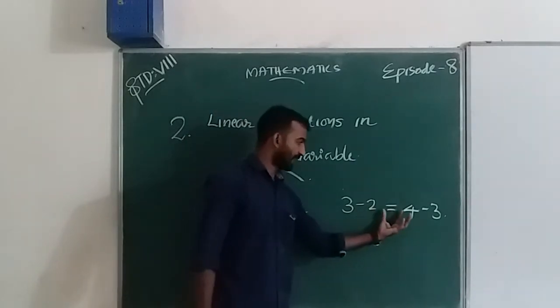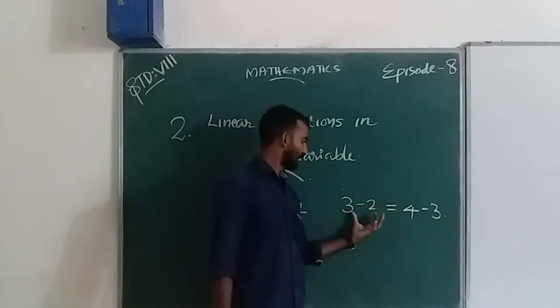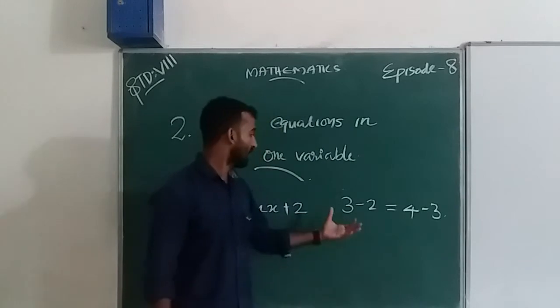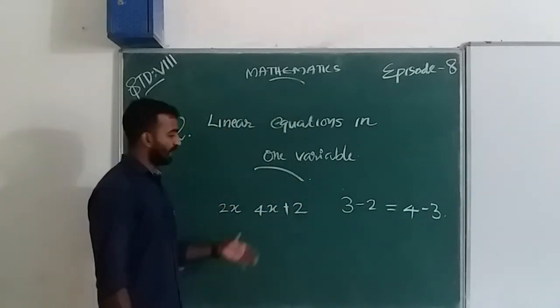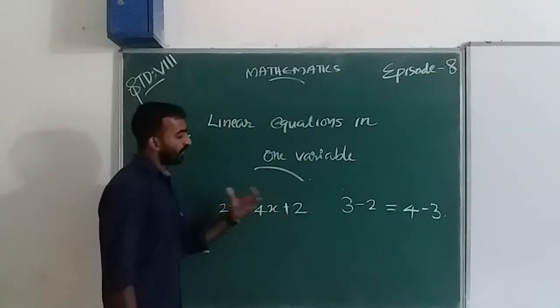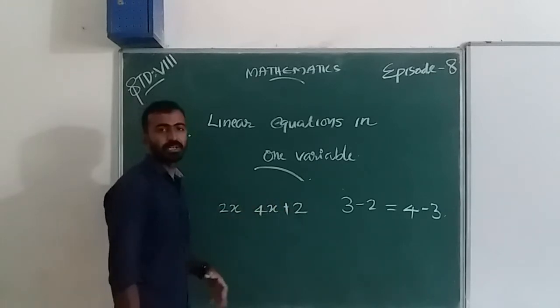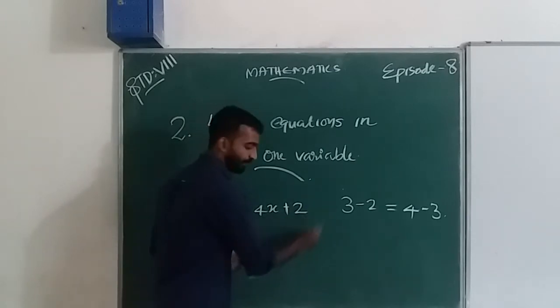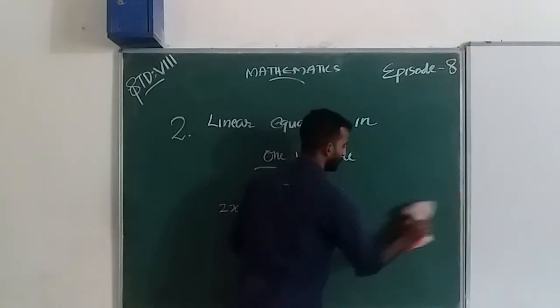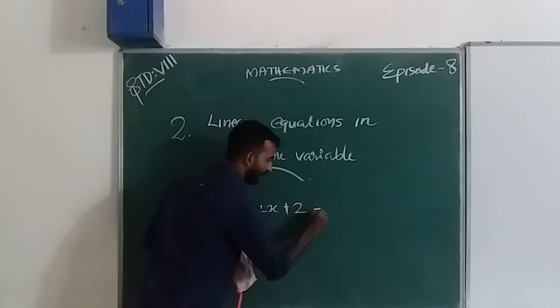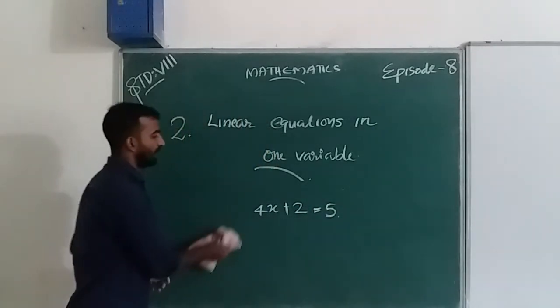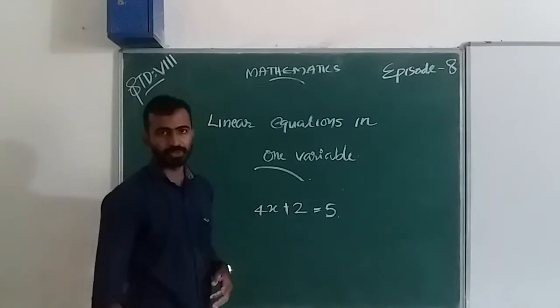Here, the equal sign or equality means the left side and right side are equal. When we put the equal sign in a linear expression, we can call it a linear equation.